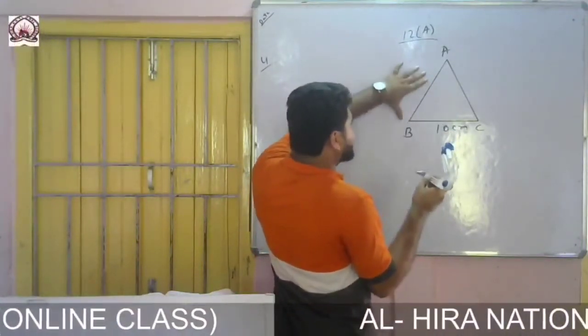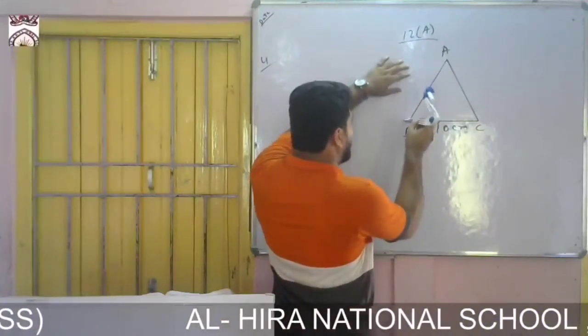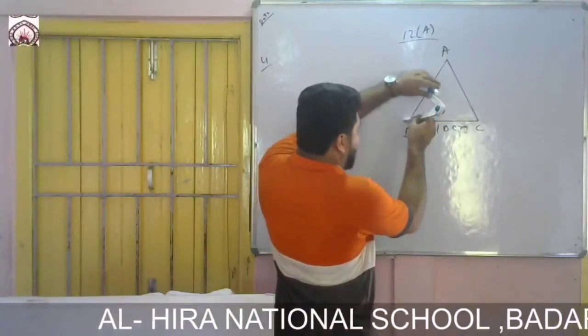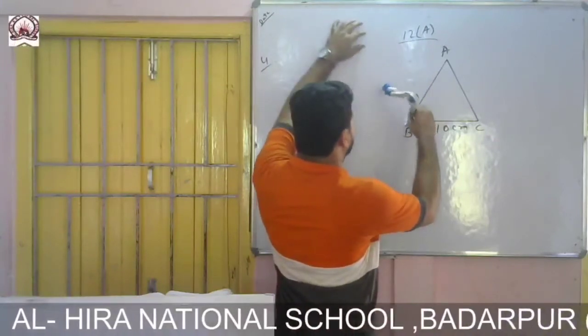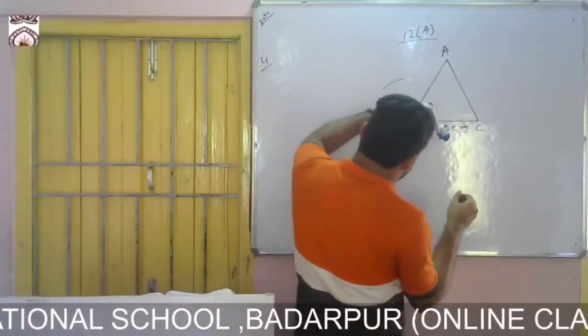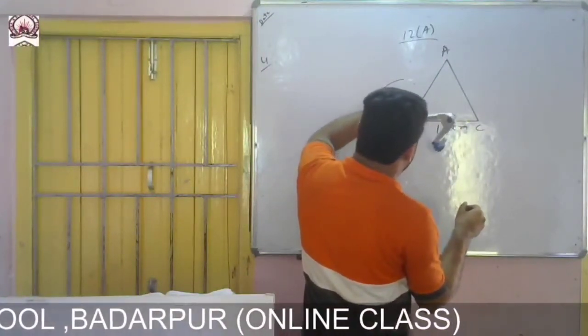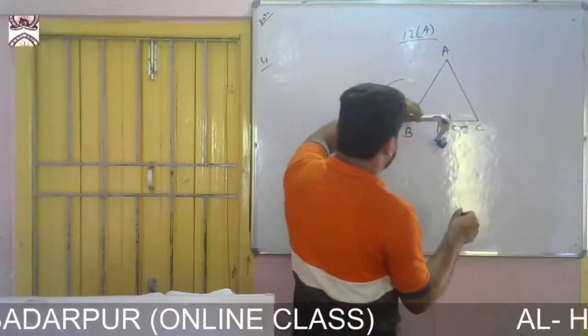Each side is 10 centimeter, so you take 6 or more than 5. Place it here and draw 2 arcs, one on the left side and one on the right side.